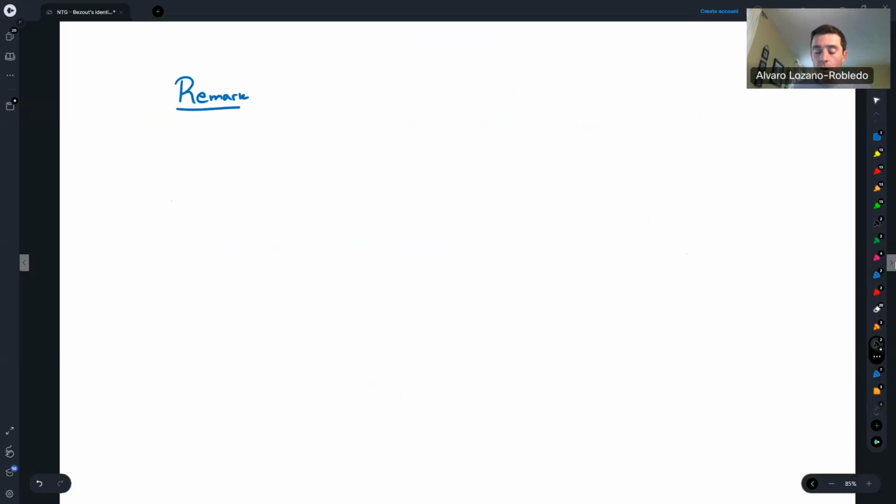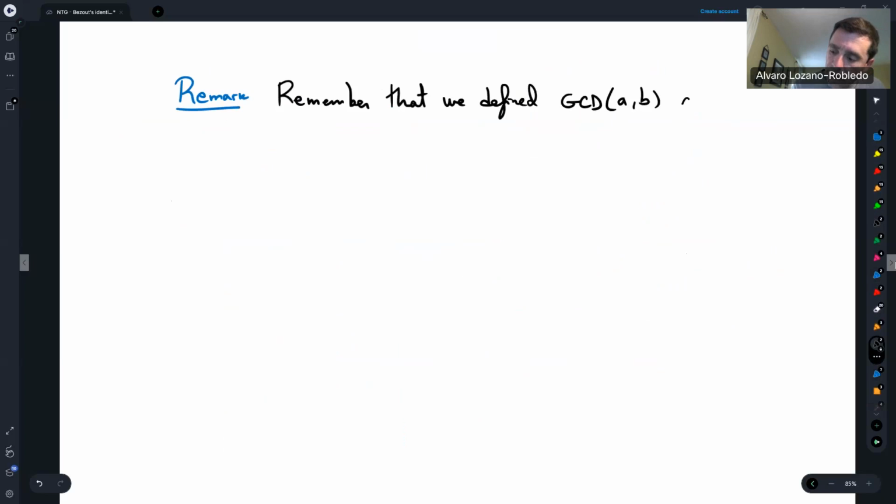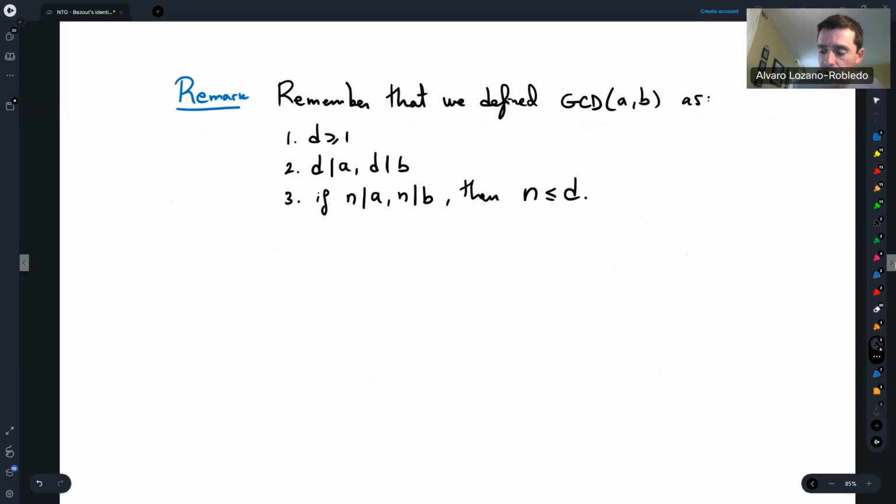The definition of GCD, remember, that we defined the GCD of two numbers as a positive number d that is a common divisor, and if there is another common divisor n, then n is less than or equal to d.